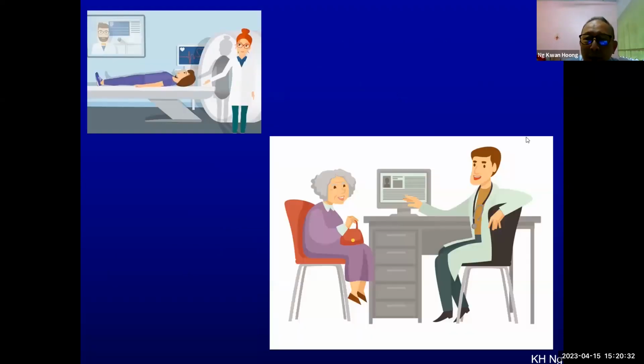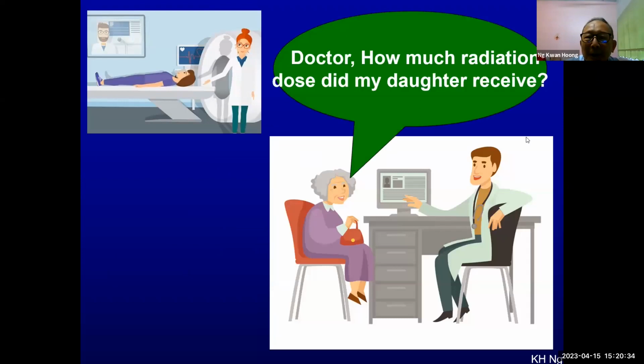Fundamentals are very important. In a setting, for example, you are the radiographer or the radiologist. Patient asks, "Doctor, how much radiation dose did my daughter receive?" How would you answer? Well, the radiologist or the radiographer will refer to you or to us as a medical physicist for the answer, right? Imagine showing your CTDI is 1.8 milligray or DLP, patient will be lost.